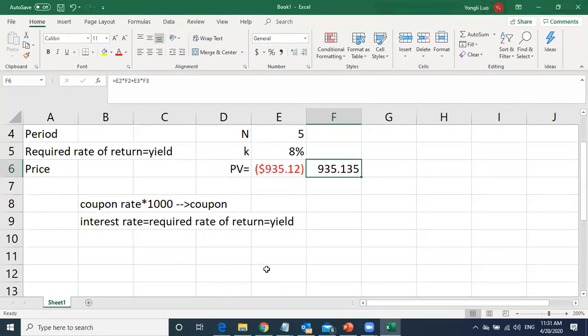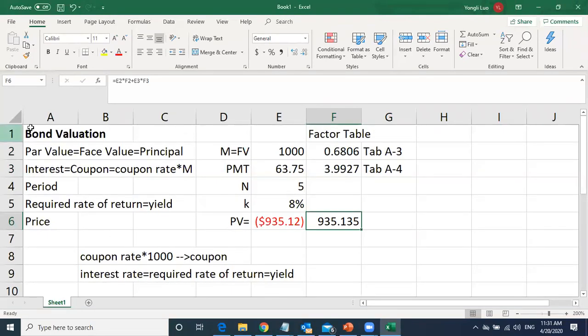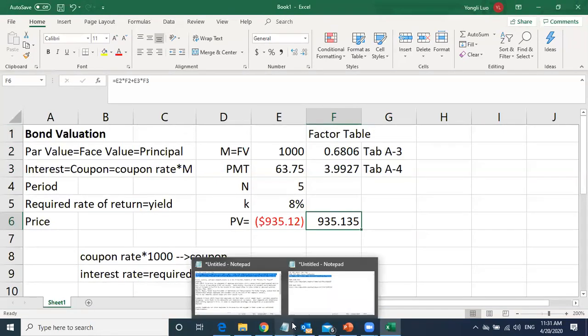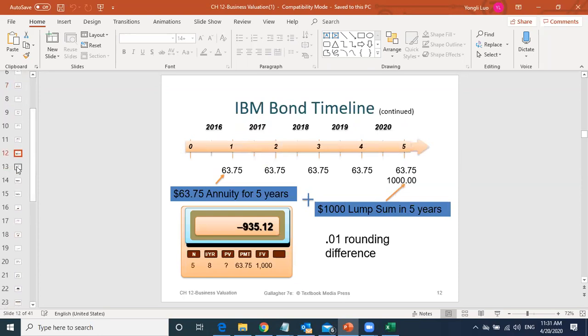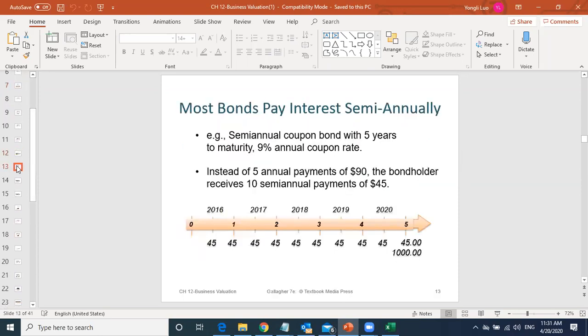Okay, so next we have several minutes left about the bond valuation. And the bond typically pays interest twice a year. Similar to, for example, when you work for a company: some companies pay you a check once a month, at the end or middle of the month, but some companies give you two checks a month.